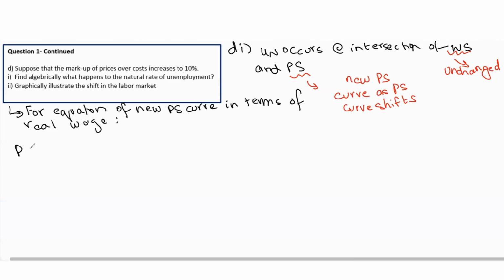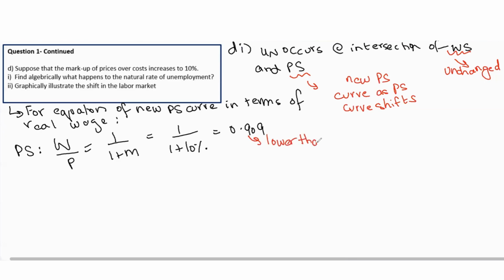We found in part 1 that the PS equation is given to us as W by P is equal to 1 by 1 plus M. Now the markup is 10% and not 5%, as it was in part 1. So this becomes 0.909, and this is lower than the original 0.952 when M is 5%.